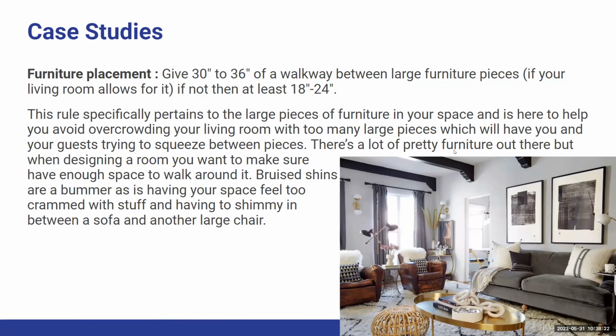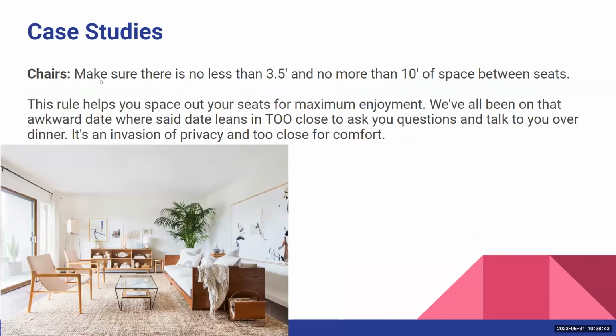There is lots of pretty furniture out there, but when designing a room, you want to make sure you have enough space to walk around it. So here's an image to give an example of how that should look. Chairs.